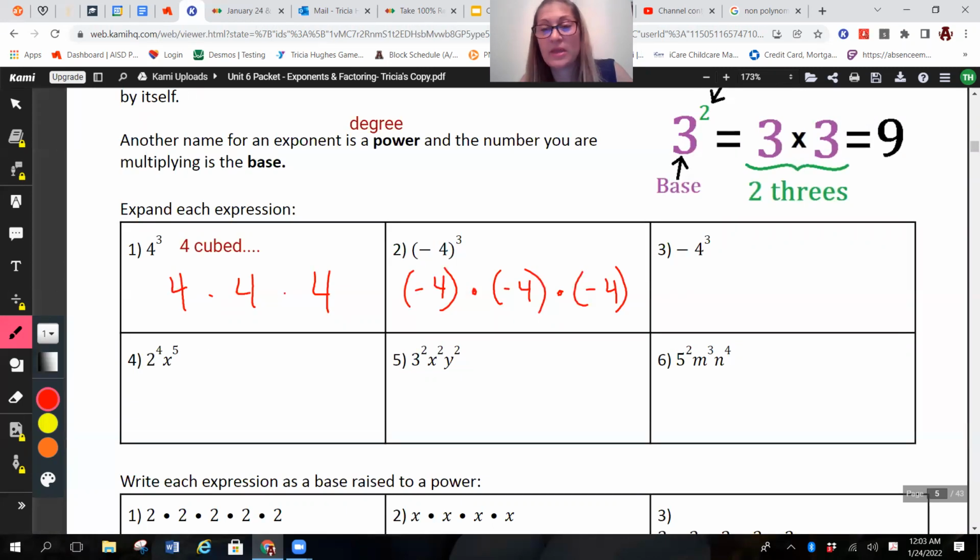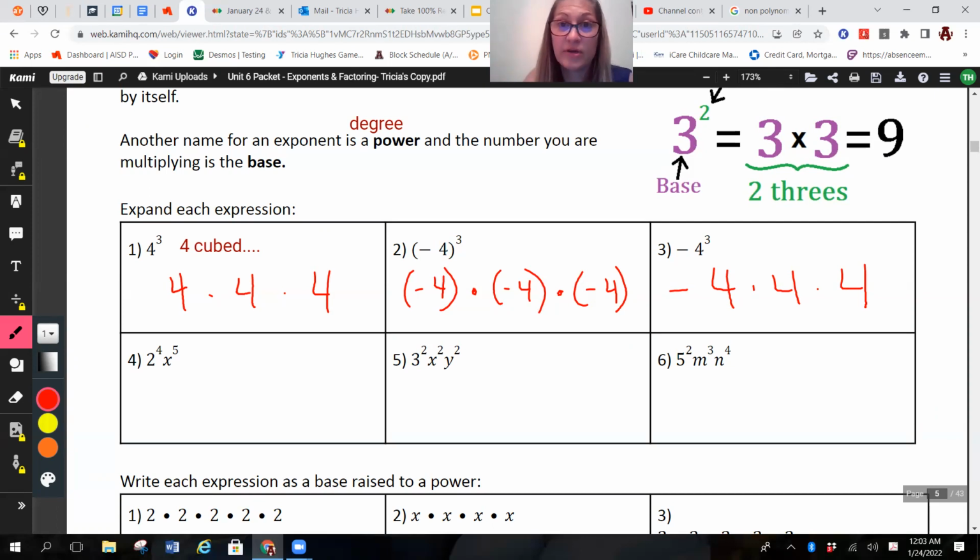Number 3, if I was to write this expanded, this would be different than our second problem. This says negative 4 times 4 times 4. That's the difference between number 2 and number 3. Number 2 says take negative 4 and times it to itself 3 times.